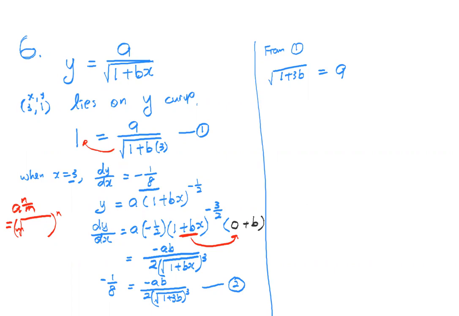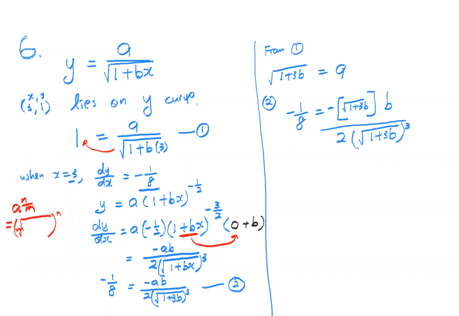Okay, so now go to equation 2. Negative 1 over 8 equal to negative. Now the A, I just write as square root of 1 plus 3b, correct? Times b over 2 times square root of (1 plus 3b) cube.